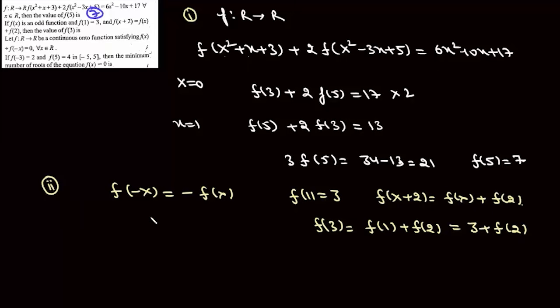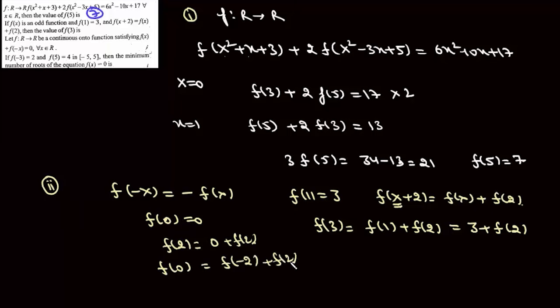And if f(x) is odd, we know f(0) is 0. If we put x as 0 here, we'll get f(2) equals f(0) plus f(2). No result. If we put x as minus 2, we can write f(0) equals f(minus 2) plus f(2). Again, no result. Now we need to find f(2), and what we have is f(0), f(1), and also f(minus 1).